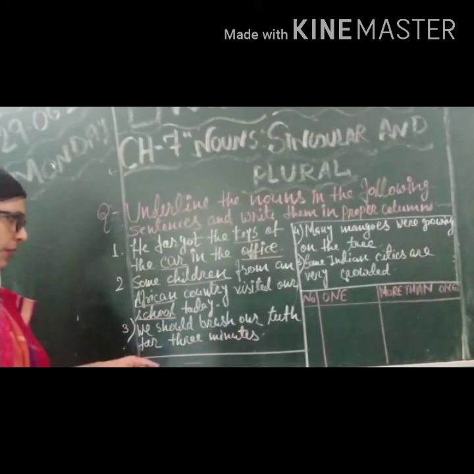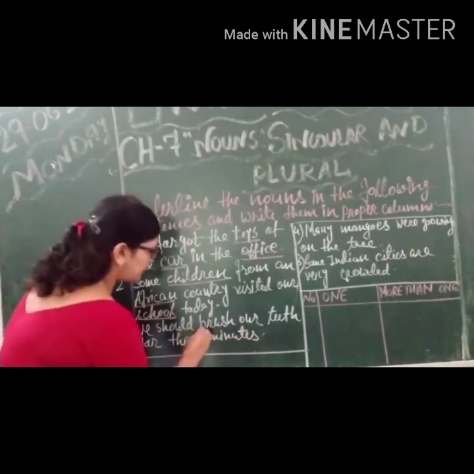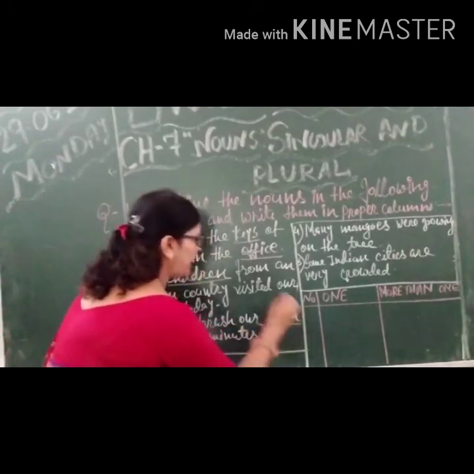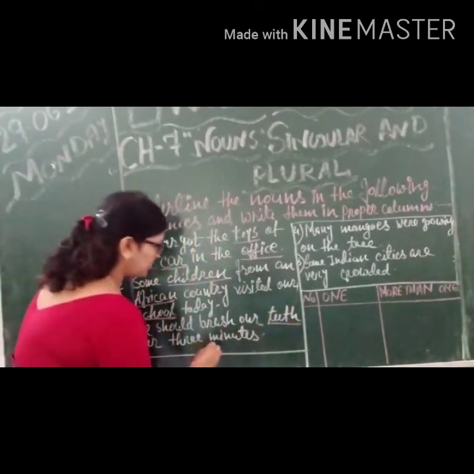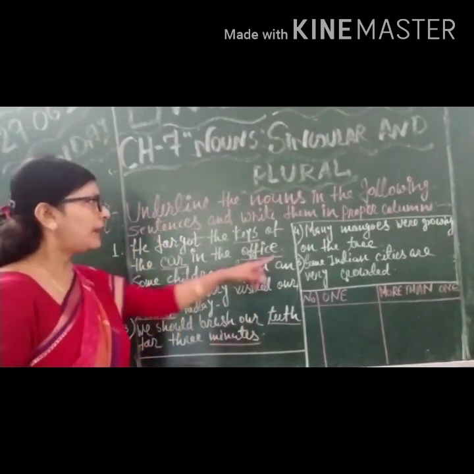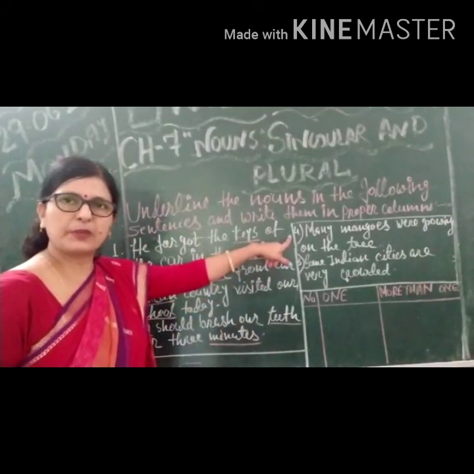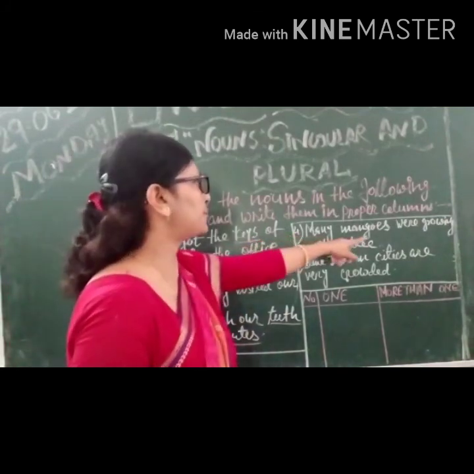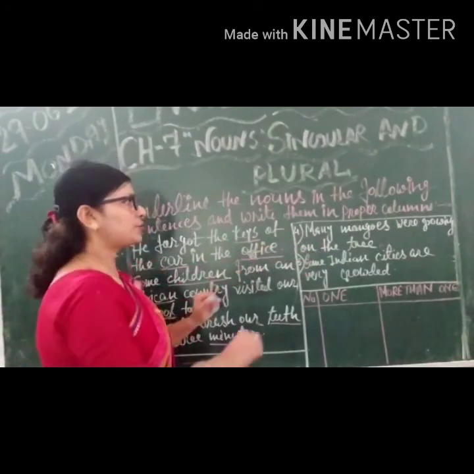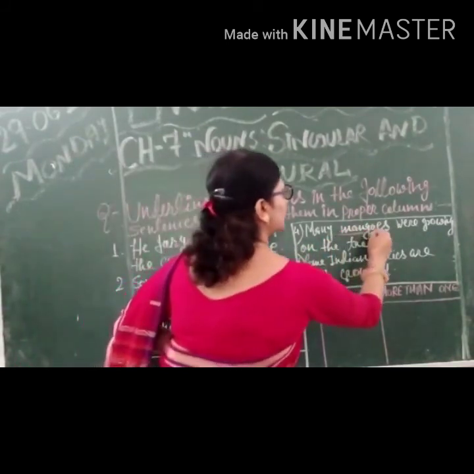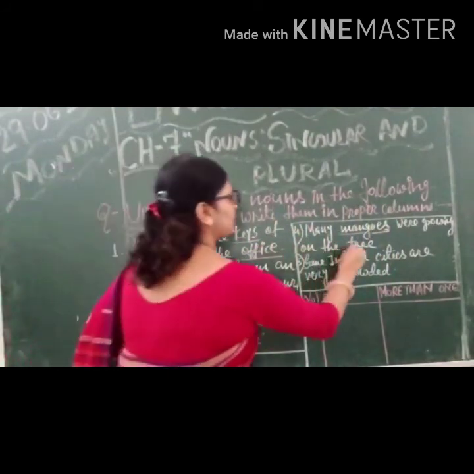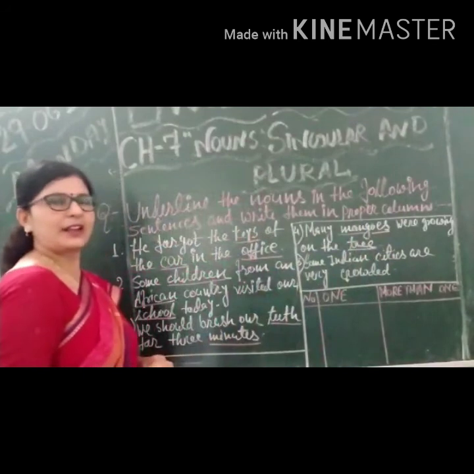Here also teeth is a noun, and minutes, this is also a noun. Okay children, now let's go for question number 4: Many mangoes were growing on the tree. Now here mangoes is a noun, and then tree is also known as a noun.